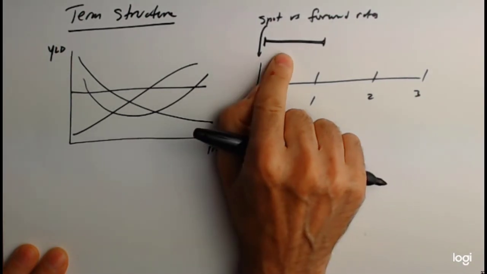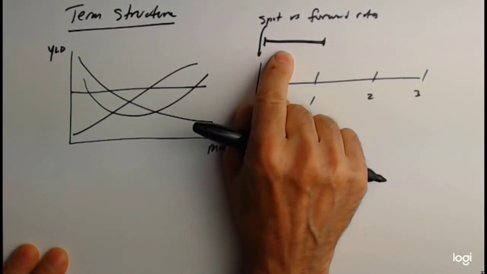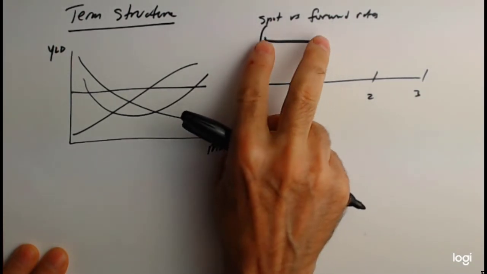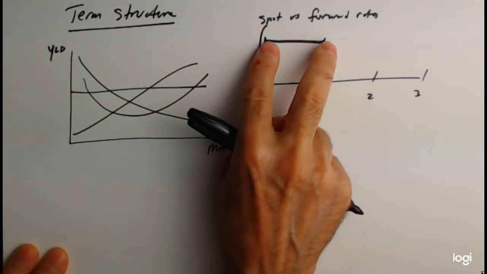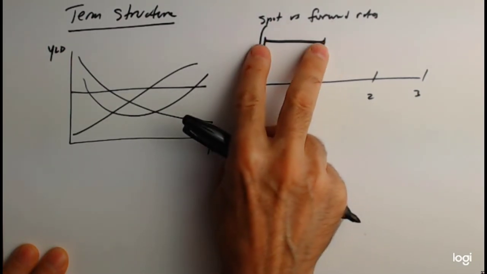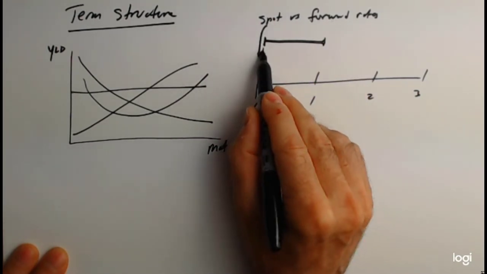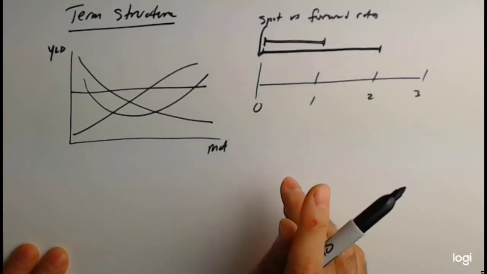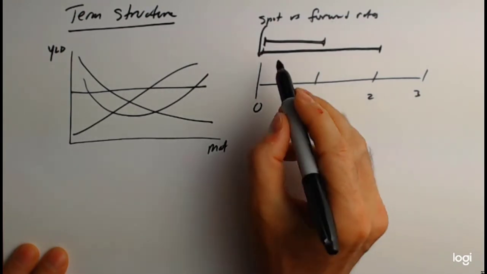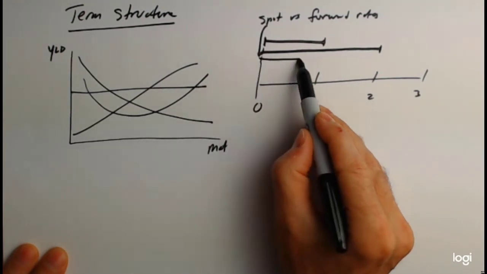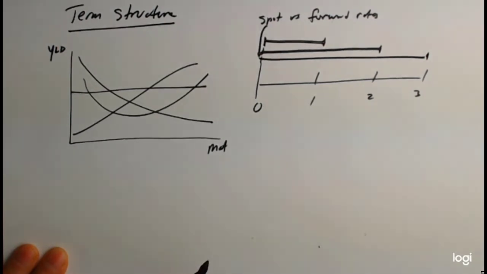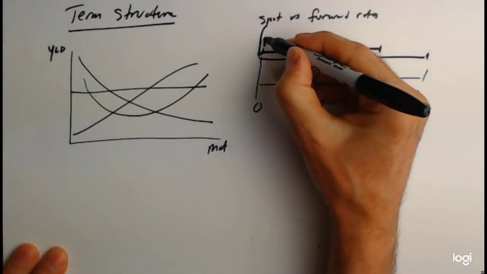If you went to a bank and looked at CD rates for 1 year, where you lock your money up in a certificate of deposit, that's a spot rate. You could also, at the same bank, get a 2-year CD, and that would be a 2-year spot rate, and you probably could get a 3-year CD, and that would cover 3 years. Those are all spot rates because they all begin right now.